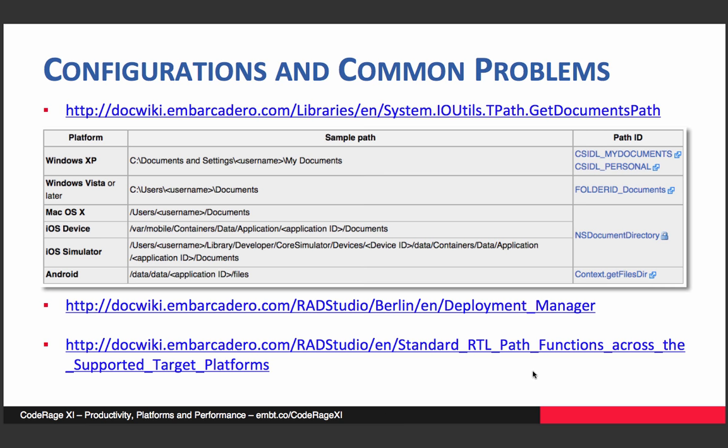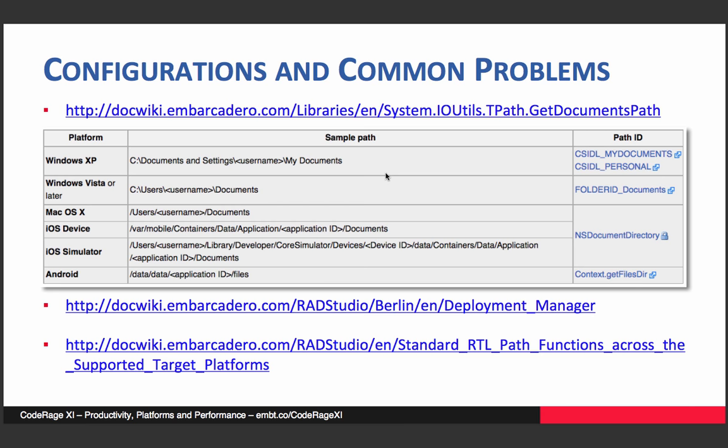So let's use this just as a sample, but there are many other options we are going to test later during our demos. When you point your application to a database, you are of course defining a path.